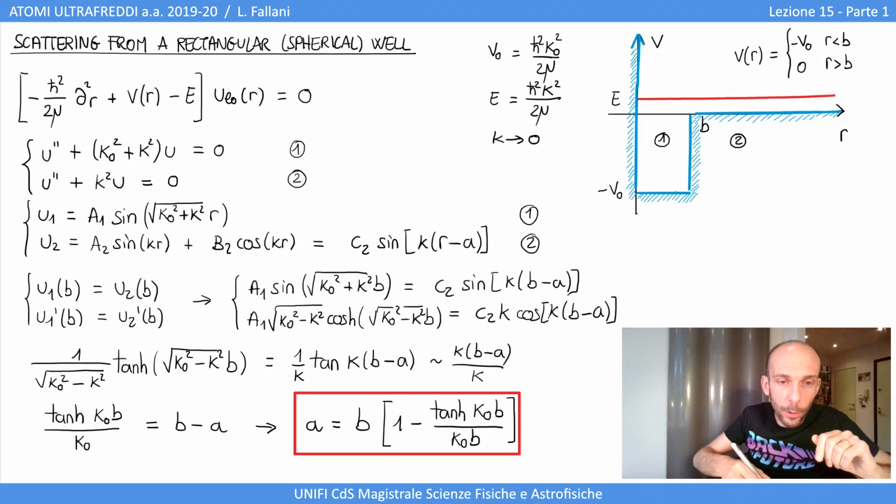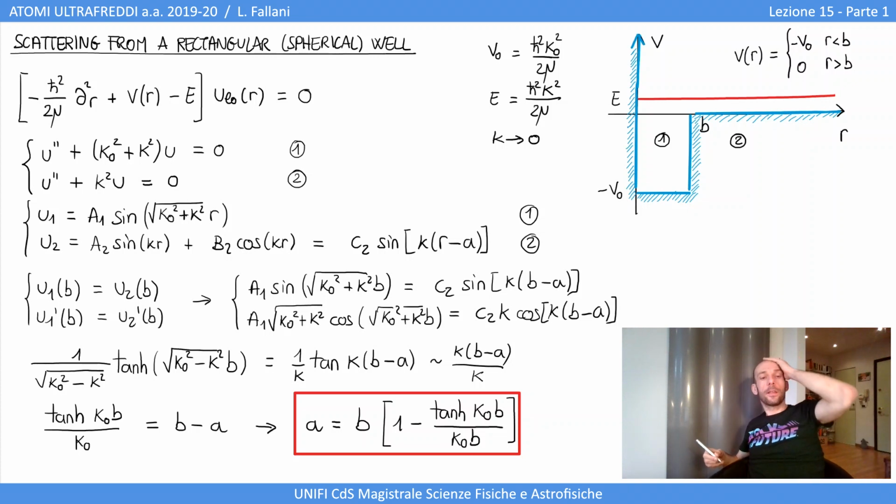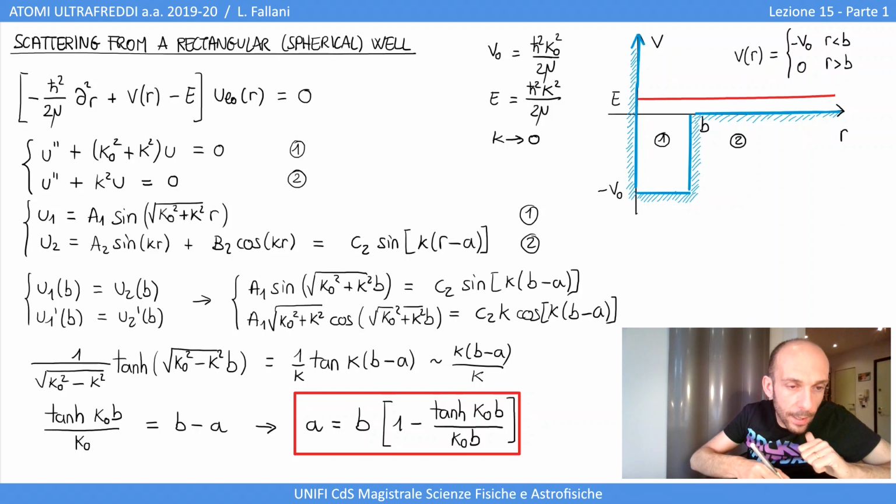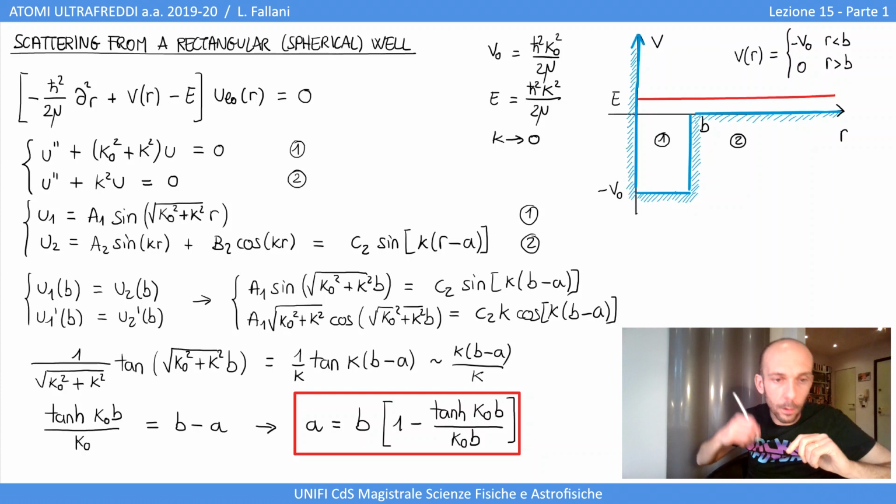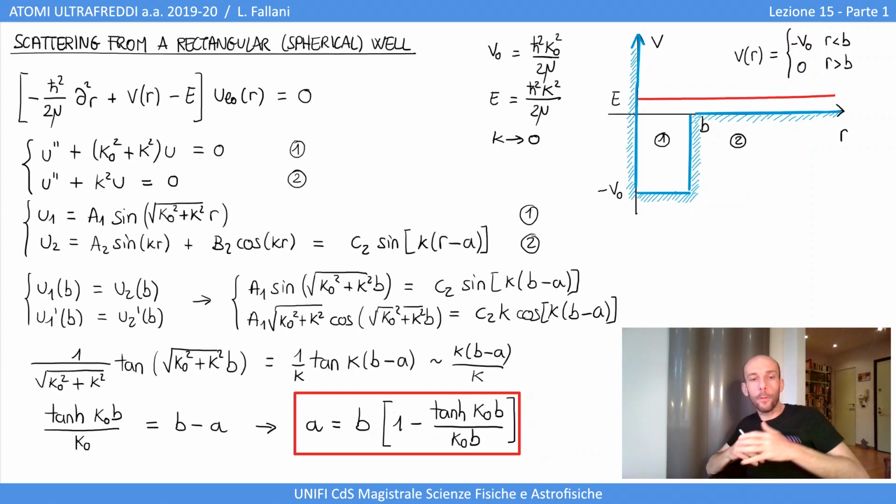And in the second equation, we have, again, the normal cosine, and I have to put the plus sign inside the square root. When I divide the first by the second equation, I get 1 divided by the square root of k0 squared plus k squared times the normal tangent of the square root of the sum of the two contributions.